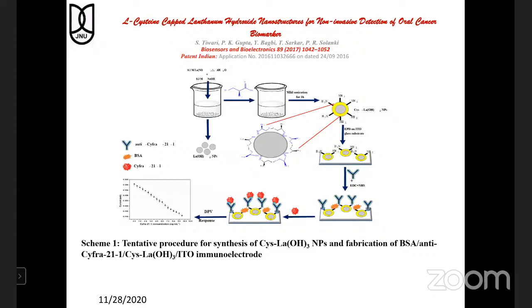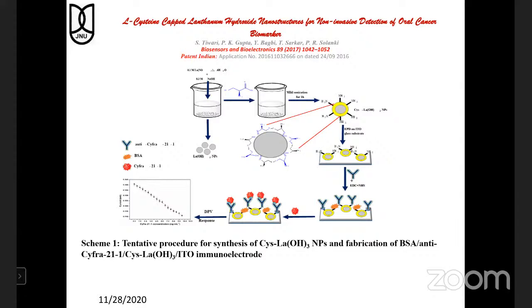This shows the lanthanum hydroxide nanomaterial we synthesized using the hydrothermal procedure, and these nanoparticles we functionalized with L-cysteine. The scheme in the center shows how the carboxy group of L-cysteine binds with the lanthanum hydroxide nanoparticles. The terminal group of these nanoparticles is the free OH group, and the amine group of these molecules is free, which can be used for binding with the antibodies.